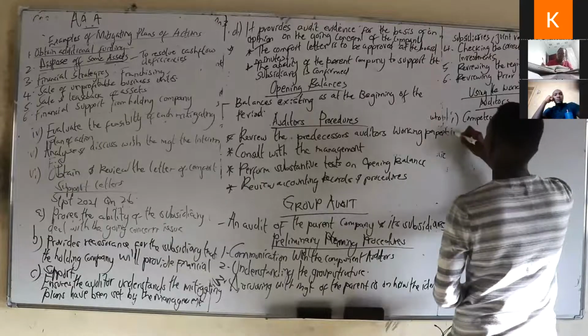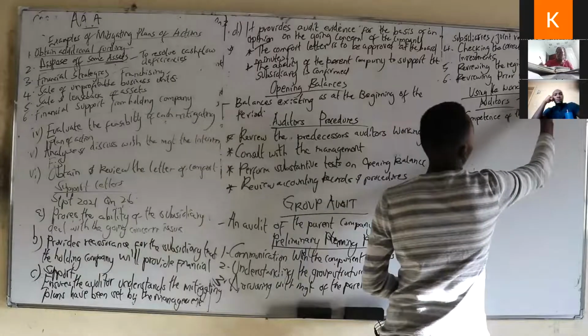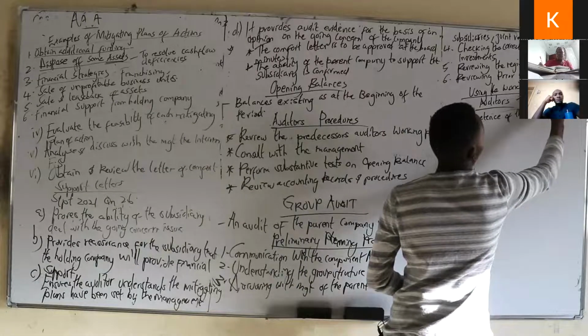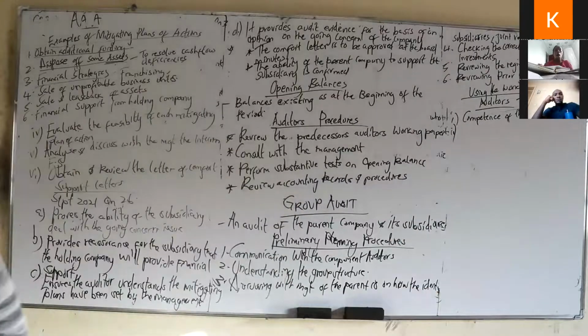Those are the factors to consider before placing reliance on this work. So one would be the component auditor's competence, and then also whether the component auditor operates in a regulatory environment that actively oversees auditors.